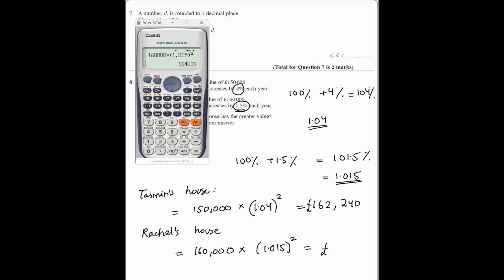Press equals, and that would give you 164,836 pounds. So see, again we are getting the same answer. So you can do it this way also if you find this method easy.